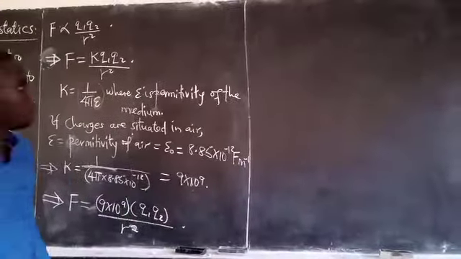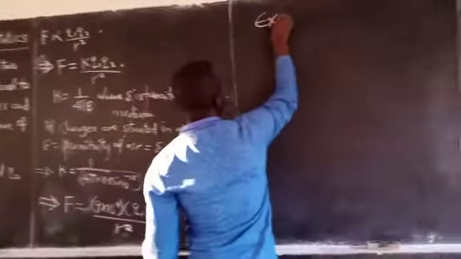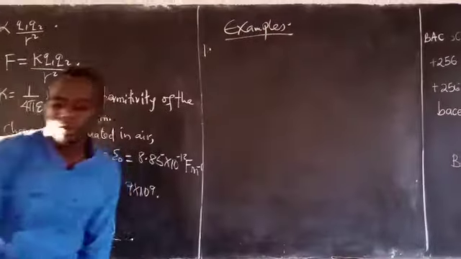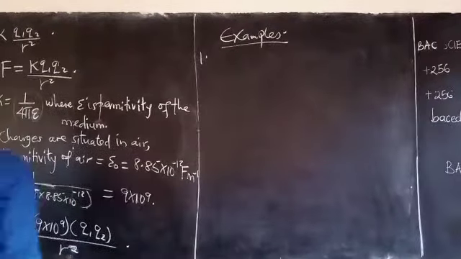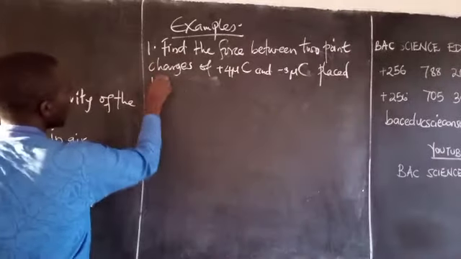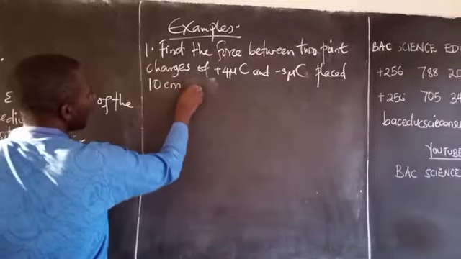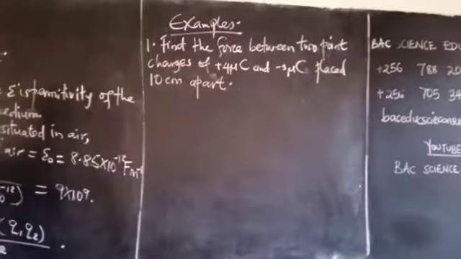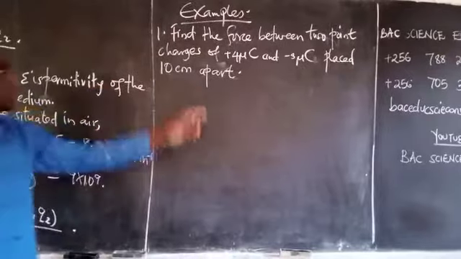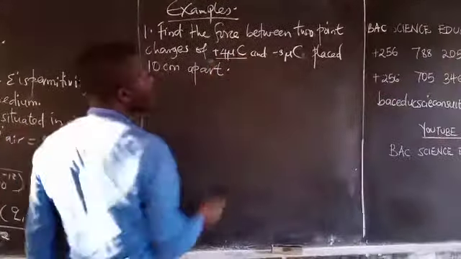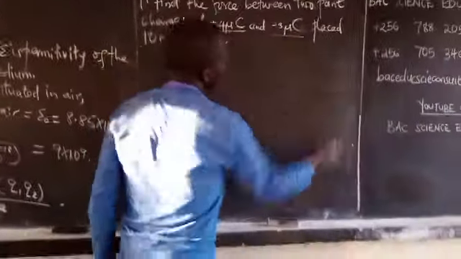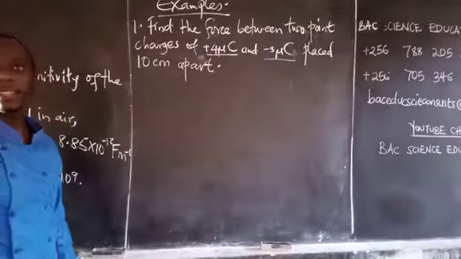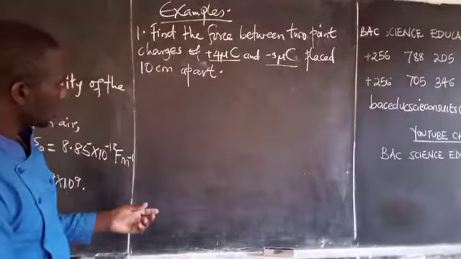We shall do examples. Example 1. Find the force between 2 point charges of plus 4 microcoulombs and minus 3 microcoulombs, 10 centimeters apart. We can sketch.